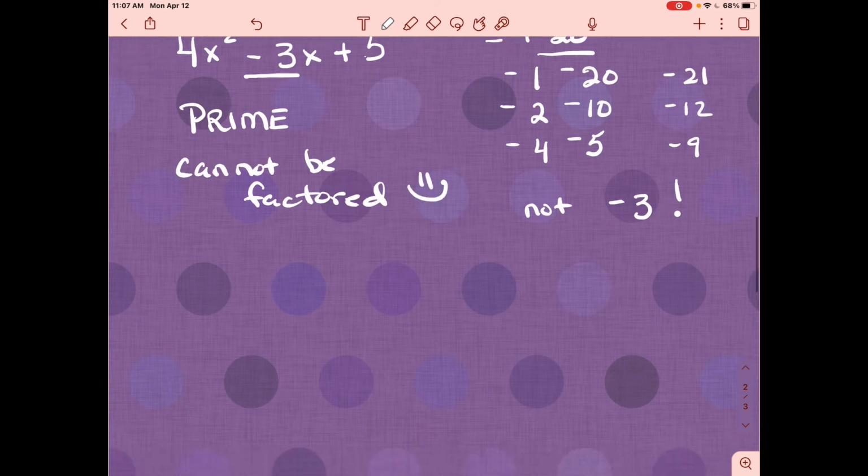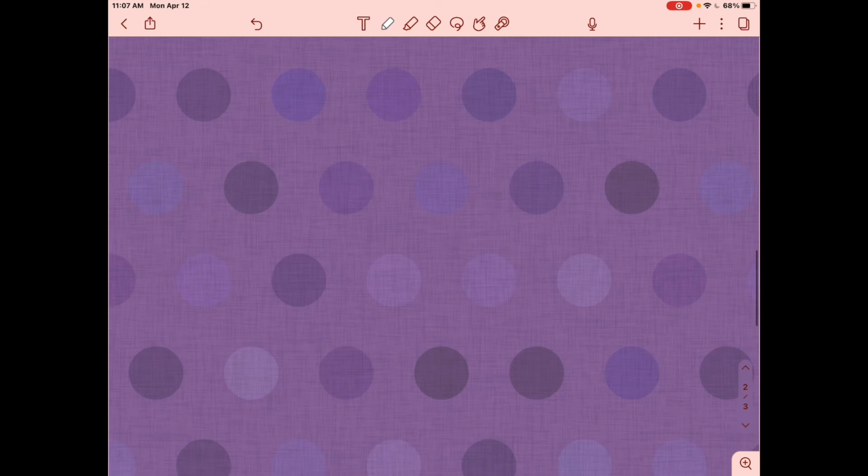All right, what can we do with our factoring? We can use it as a technique for solving. Here's an equation, h equals negative 16t squared plus vt plus h sub 0. That's interesting, isn't it?